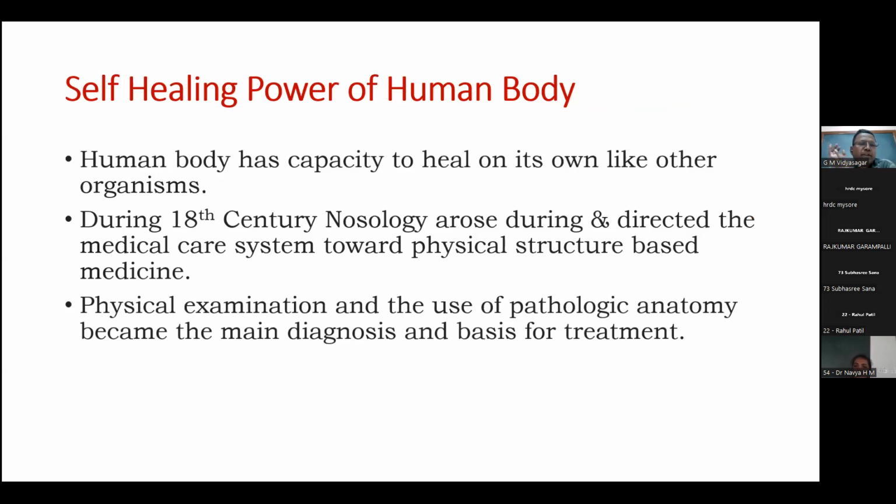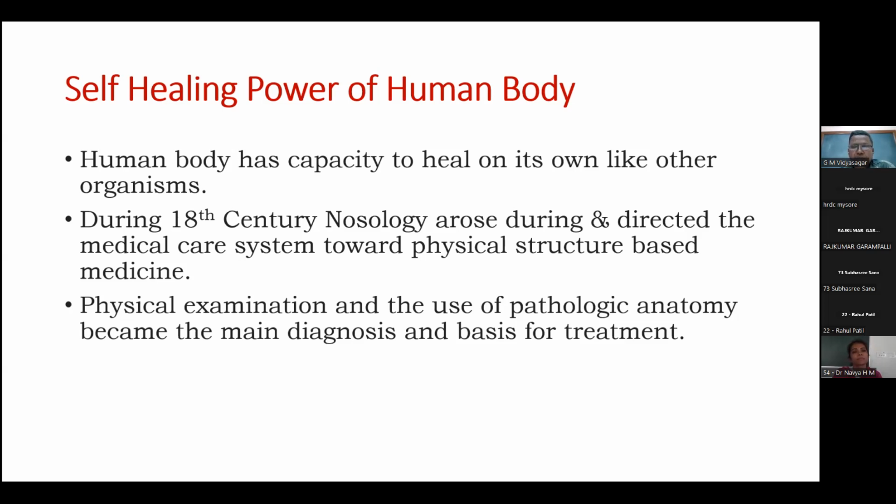Then we have another one, the self-healing power of the human body. Since thousands of years, we people, particularly in India, understand that self-healing power is there in the human body. The human body has the capacity to heal on its own like other organisms. During the 18th century, nosology arose and directed the medical care system towards physical structure based medicines.